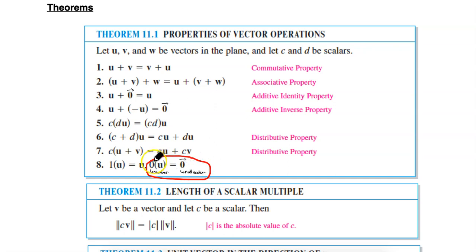One of them is the regular number 0. This one is bold, so it's actually a vector 0. So if you do 0 times a certain vector, you don't get the number 0, you get the vector 0. So a vector that doesn't go anywhere. But it still starts somewhere and ends in the same place. It's still a vector, it's not a number.